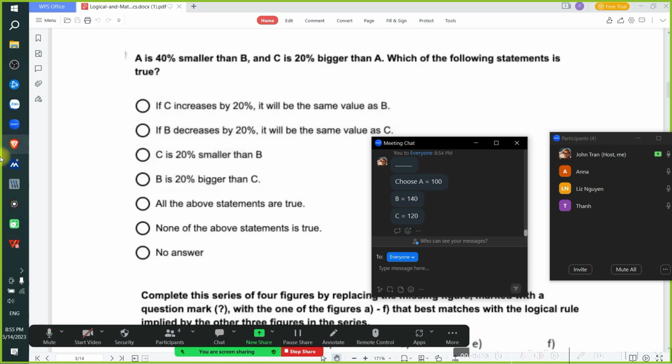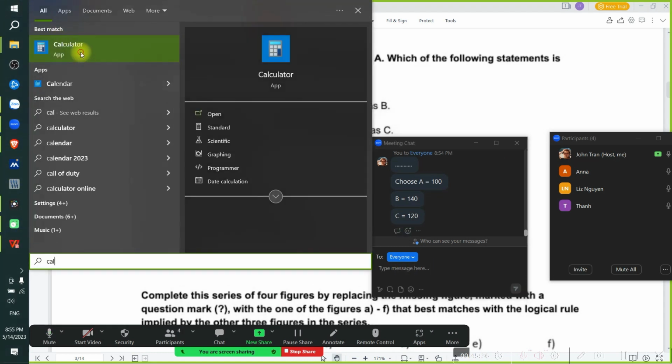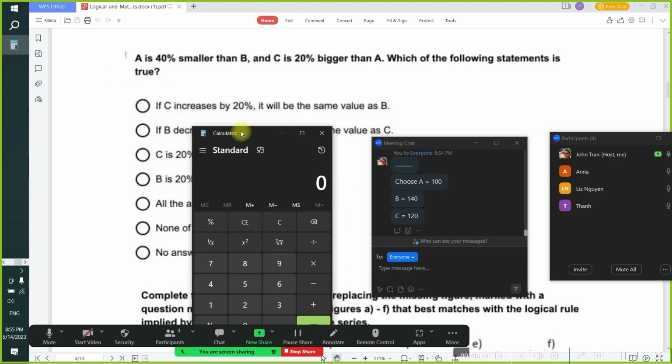Now, the first one. If C increases by 20%, times 1.2 is 144, right? Is it the same value as B? 144 won't be the same as 140. So A is wrong.